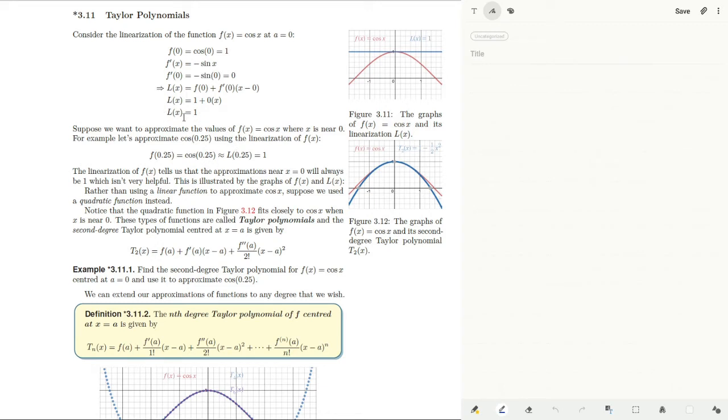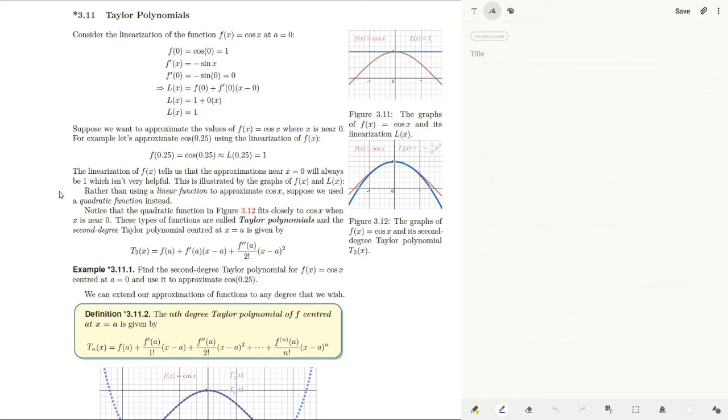But if we evaluate L of x at 0.25, we end up with 1. This tells us that the approximations near 0 will always be equal to 1, which, although true, isn't very helpful for this case. But rather than using a linear function to approximate the cosine of x, let's try using a quadratic function instead.